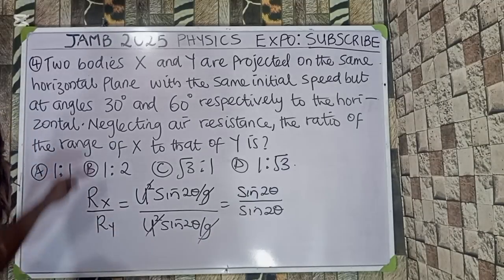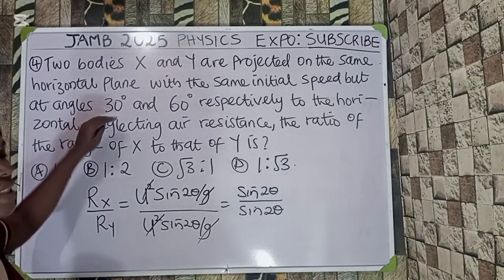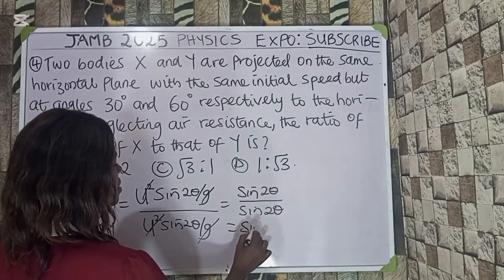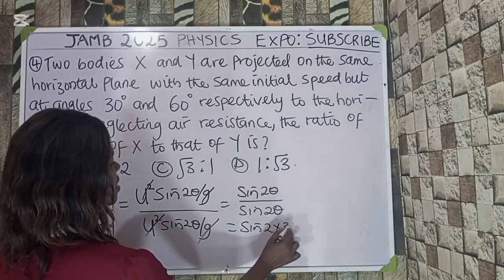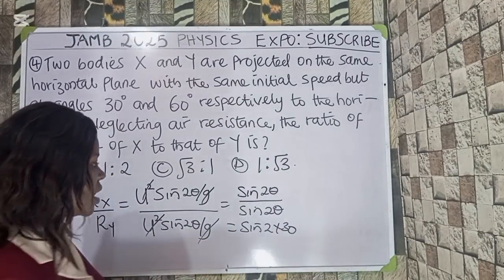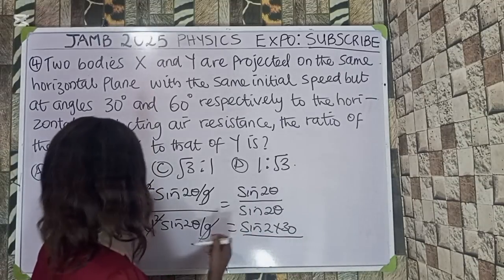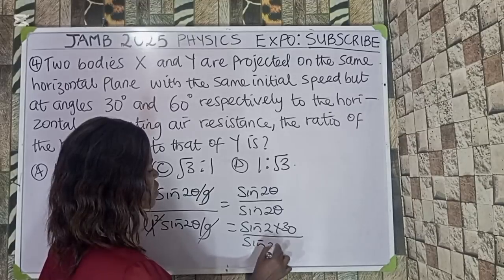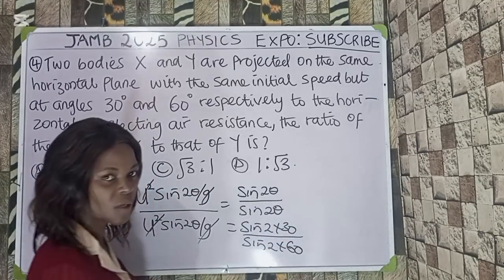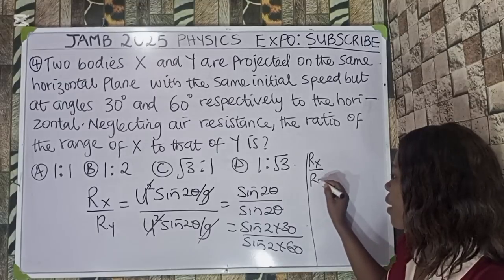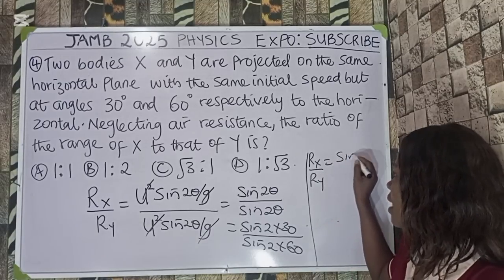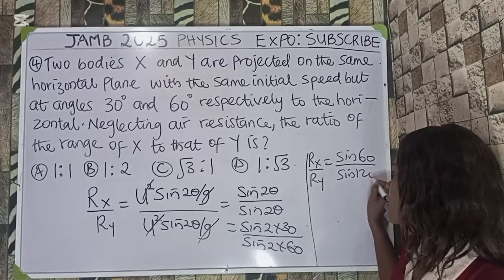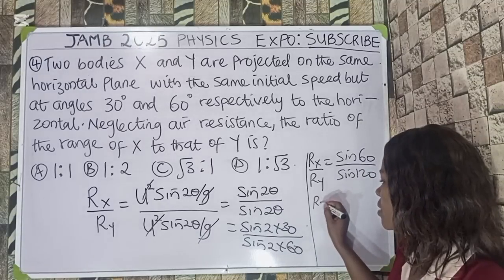Looking at what we have, the first body, which is x, has an angle of 30 degrees. So I'm going to say this is sine 2 times 30, divided by the second body, which has an angle of 60 degrees, sine 2 times 60. Do we understand? Rx over Ry is equal to sine 60 over sine 120.